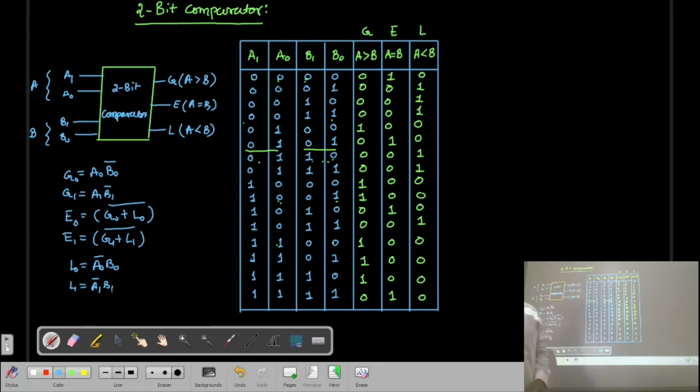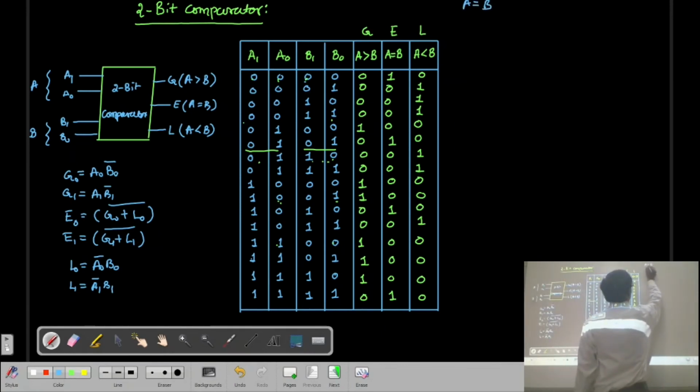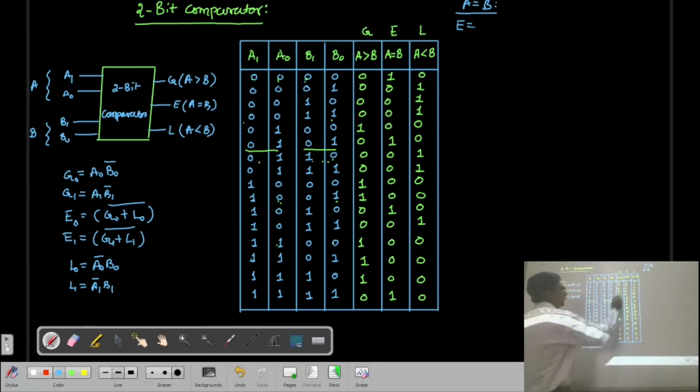So here, if I write the expression for A equal to B, this expression E will be equal to, now see, where are the high levels? 1, 2, 3 and 4.